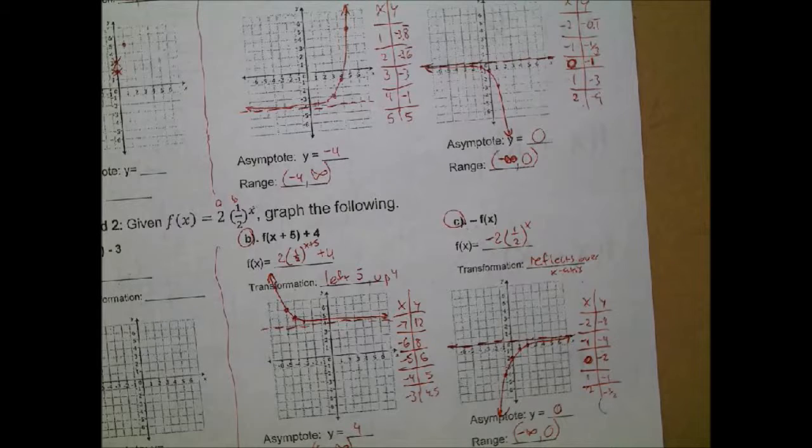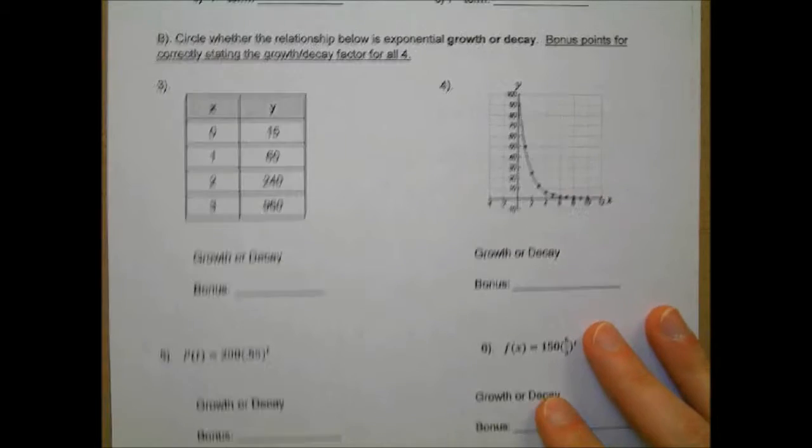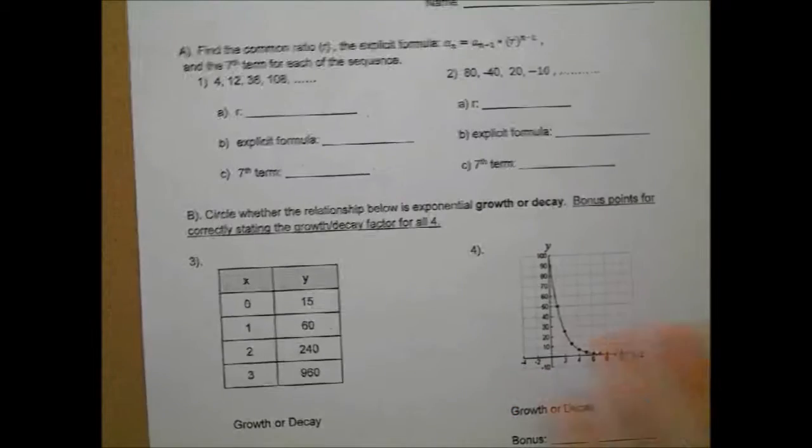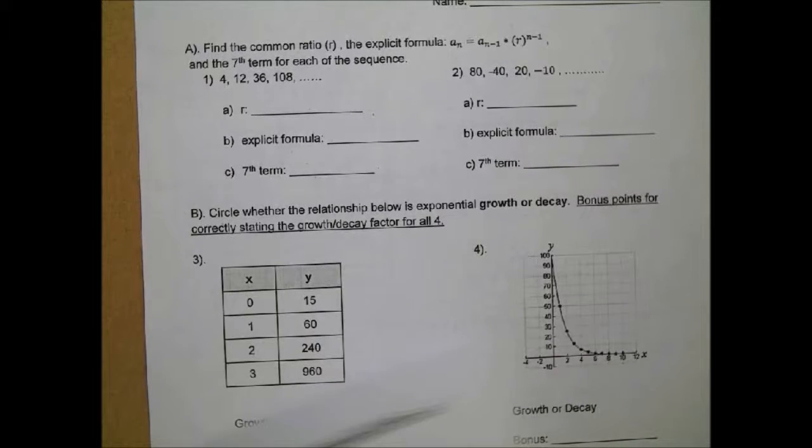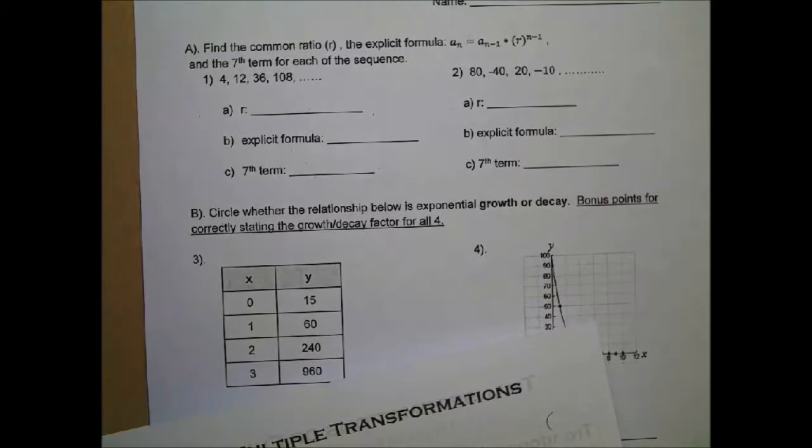This is what I want you to work on for homework tonight. Okay, if you don't finish it for homework, that's okay, because we're going to work on it in class too. So this is what I want you to work on for the remaining time in class here, folks. I want you to work on this.